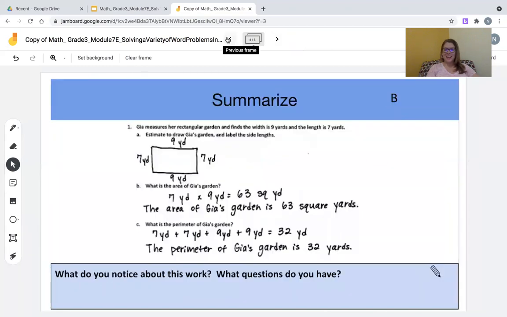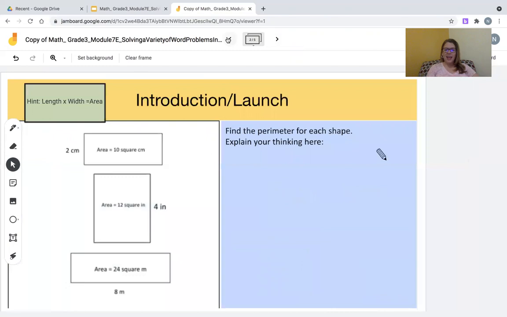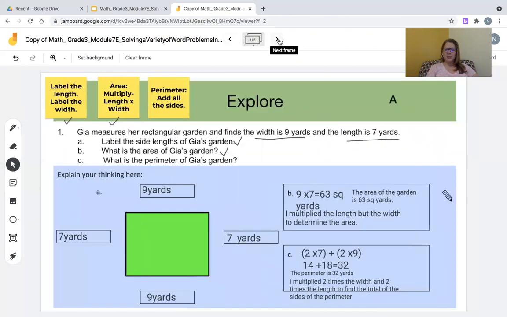This is Ms. Pagan, and we have completed the Explore section together using the to-do steps of labeling the sides of Gia's garden, determining the area and the perimeter, writing and showing our thinking with answer statements and how we solved.